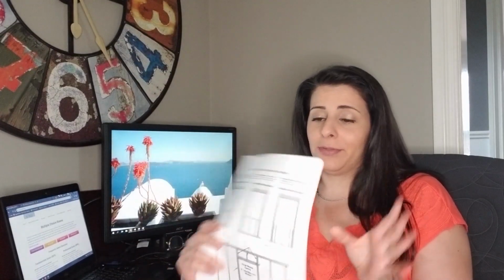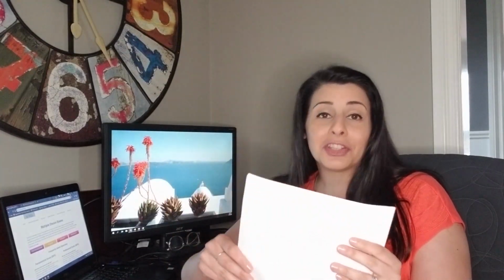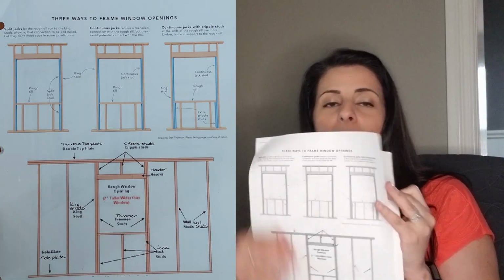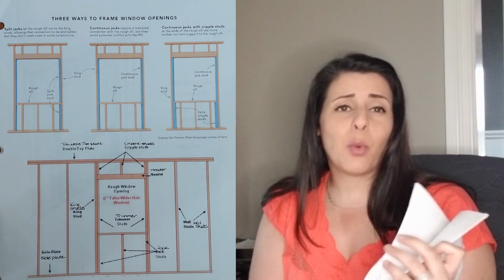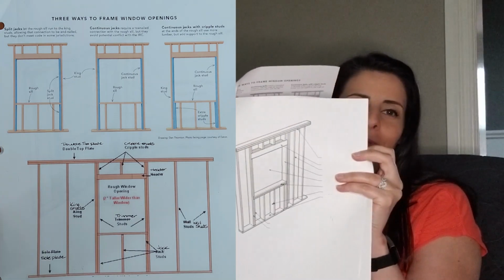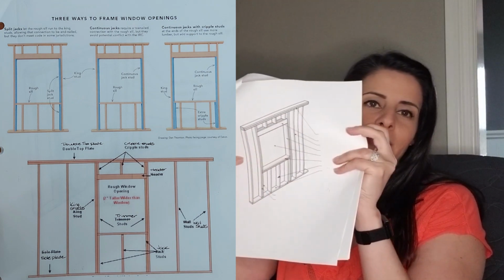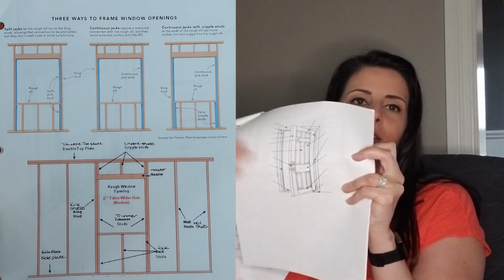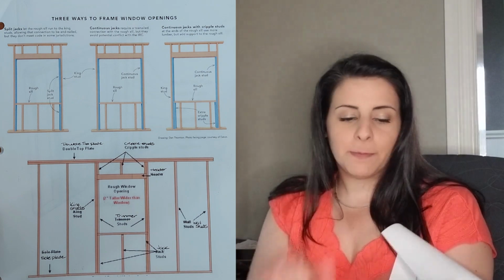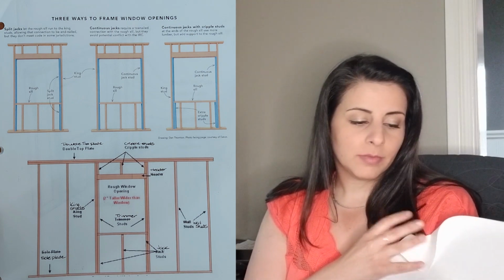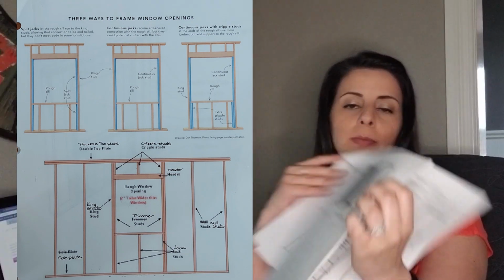I made this myself, guys. I went onto Google and I found 3 ways to frame window and door openings. So basically I made up these little drawings and then I wiped, this is so old school. So see your framing system, door system, another, just more.